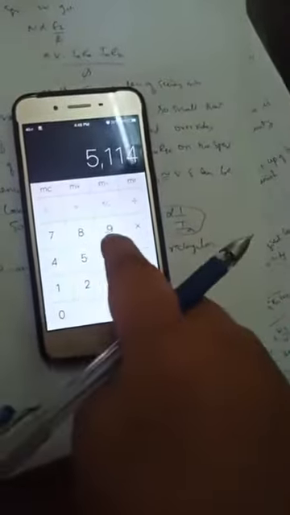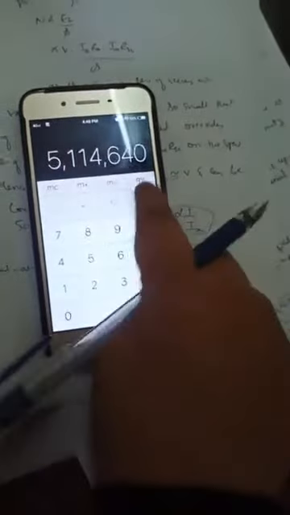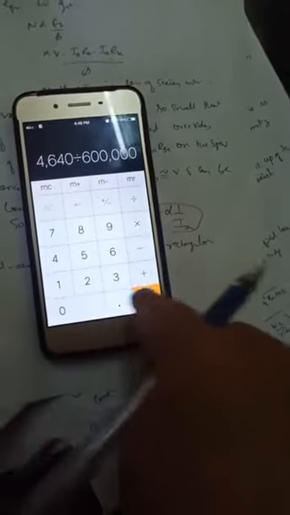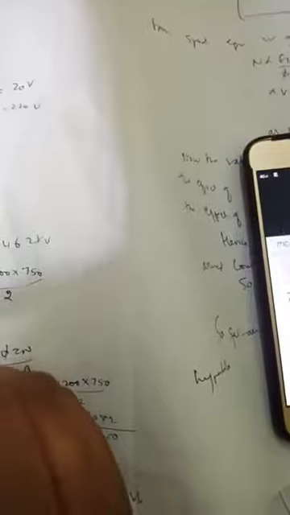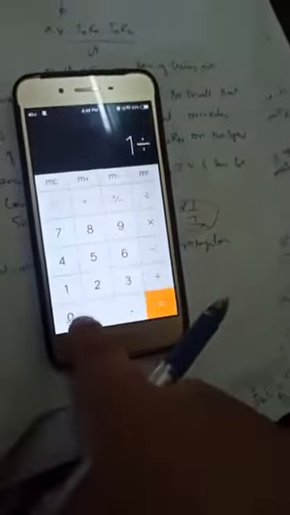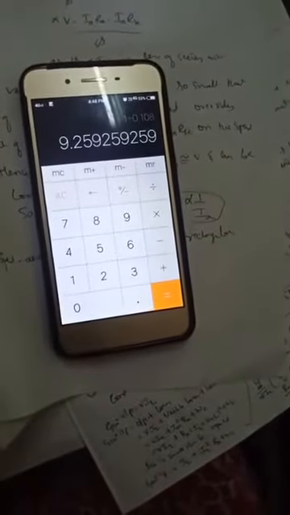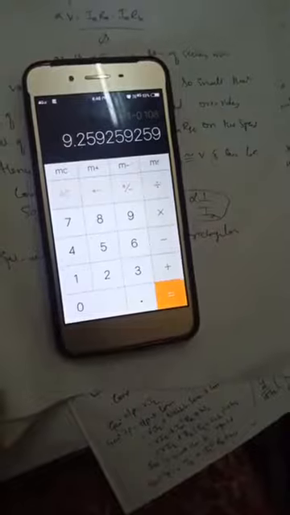So this we are getting as 5114640 divided by 600000, that is 8.52. This also I have done for phi. To find webers.